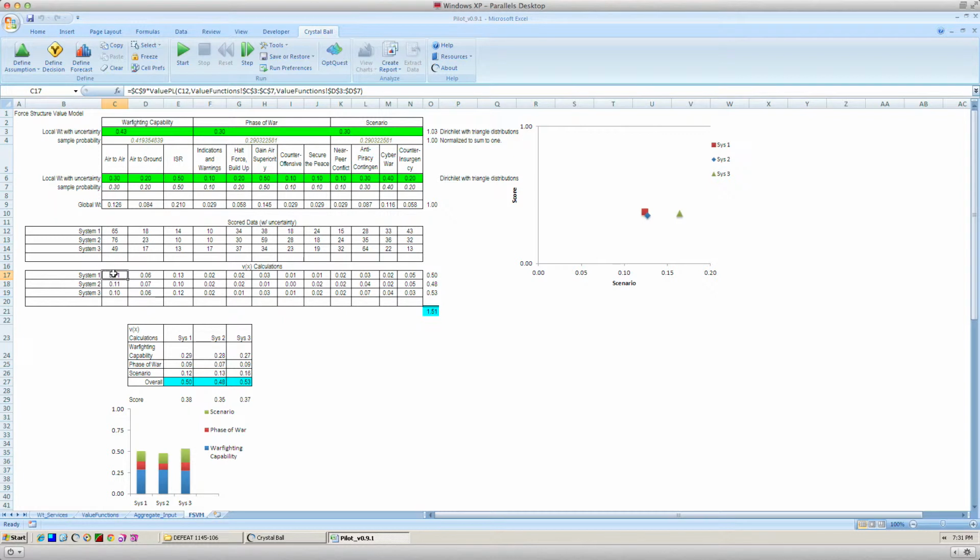And to look at the calculation more closely, you see here that the raw score of 65 is calculated in this particular algorithm here. And so we have the weight of the particular measure multiplied by the interpolated value of the x-score into the v of x score using this particular algorithm here. It's actually a piece of Visual Basic code that's built into the Excel spreadsheet.